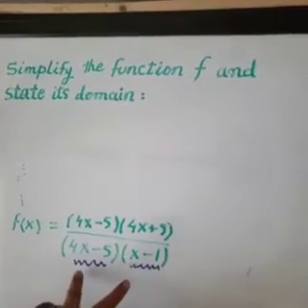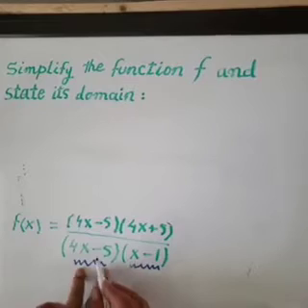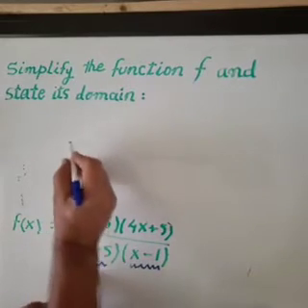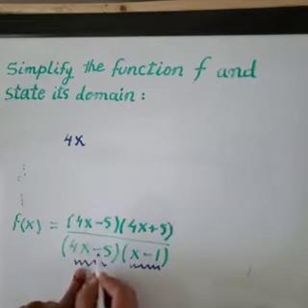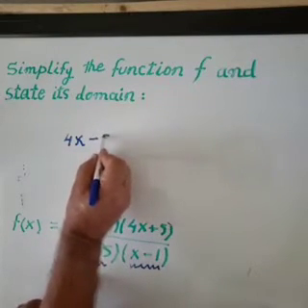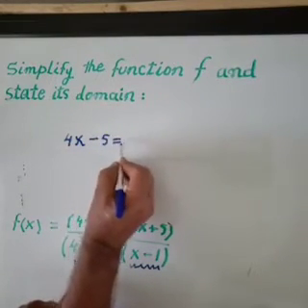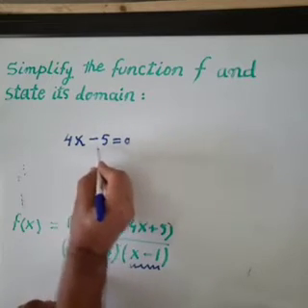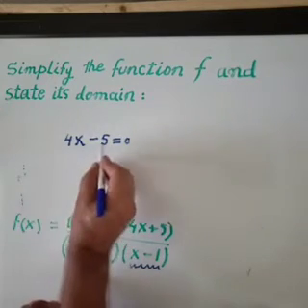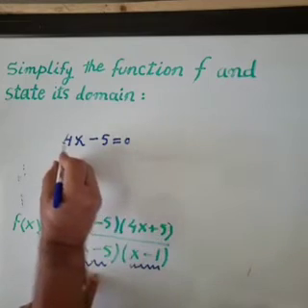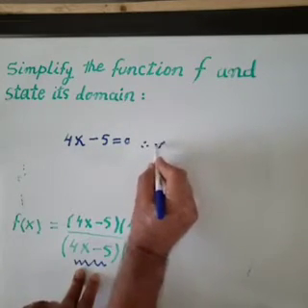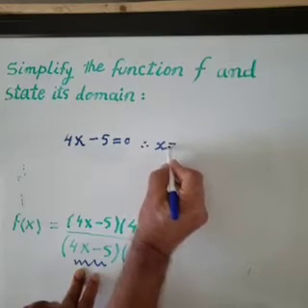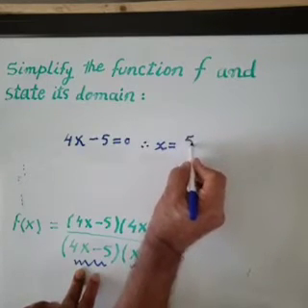To find the zeros of the denominator, take the first two brackets and put them equal to 0. For 4x minus 5 equal to 0, solve this simple equation. Moving 5 to the other side and dividing over 4, you will find x is equal to 5 over 4.